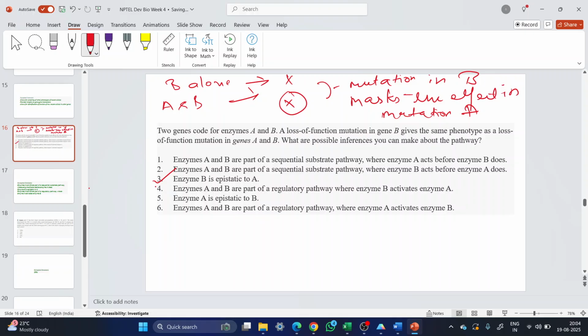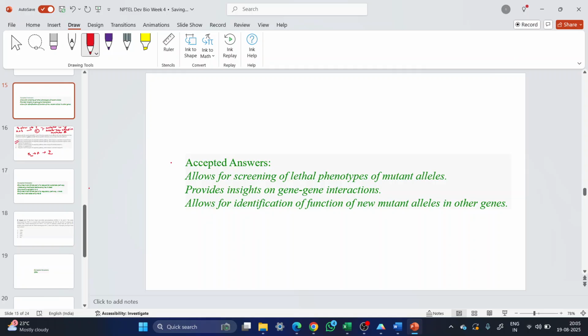Actually, B is forming A, which is forming the product. So if B is lost, the pathway stops before A even acts, so losing A as well changes nothing. So B acts before A and B is epistatic to A. So there is one option where it says that enzyme B, yes, the second one. I think the second is also correct.